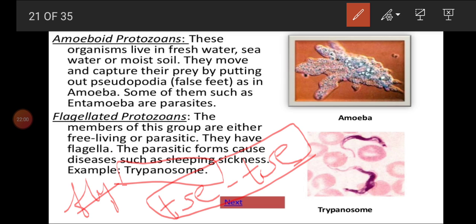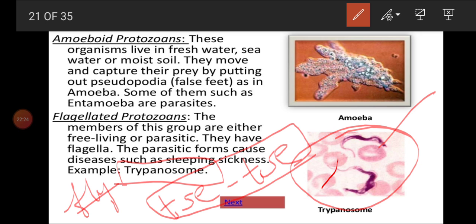So from the story you can understand the concept of sleeping sickness, Trypanosoma. It has flagella, so it can move in between our blood cells. So this is the region where we can see the Trypanosoma in our bloodstream. This is the structure of our blood Trypanosoma.